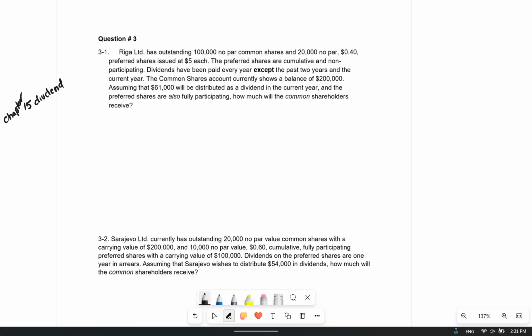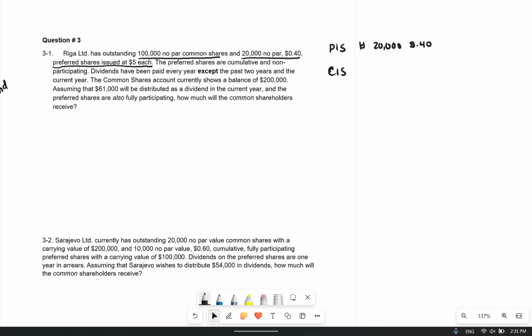Riga has 100,000 common shares outstanding and 20,000 no par value 40 cent preferred shares issued at $5 each. So we have both preferred shares and common shares. The number of preferred shares we have is 20,000, and the dividend rate is 0.40.